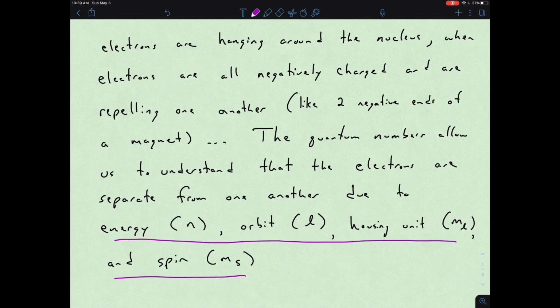They'd have different magnetic properties within those orbits or housing units, as well as this idea of spin. So that's where we left off, and I know that's a bit much with the principal levels of n and then the sub-levels as we go down from that. We'll keep reinforcing these ideas in this lecture as well.